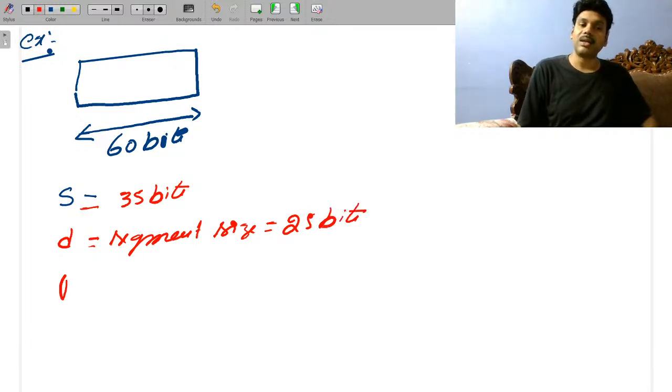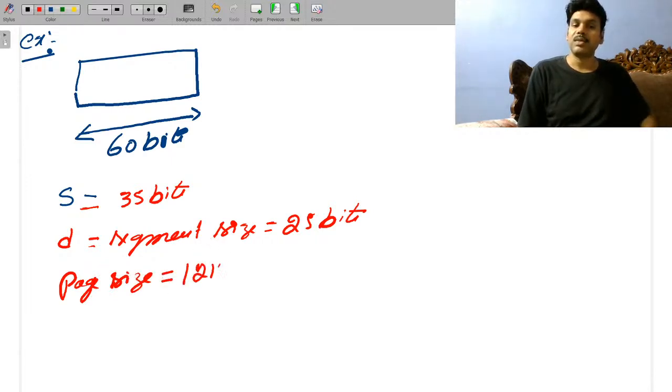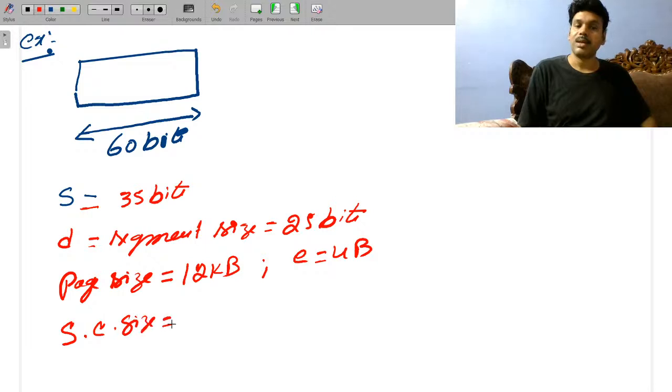And he said that page size is 12 KB, page entry size E is 4 bytes, and the segment entry size is 4 bytes.